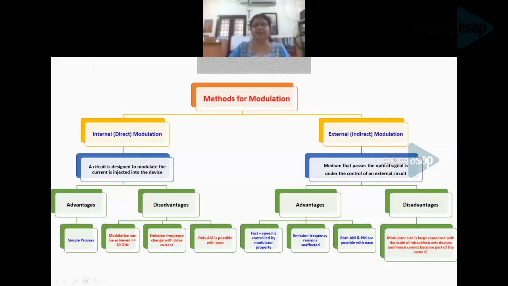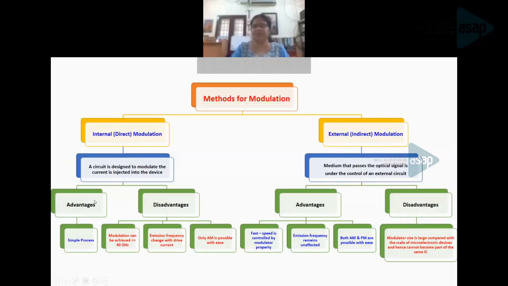In internal or direct modulation, a circuit is designed to modulate the current that is injected into the device. That's why it is called internal modulation. Whereas in external modulation, the medium that passes the optical signal is under the control of an external circuit.